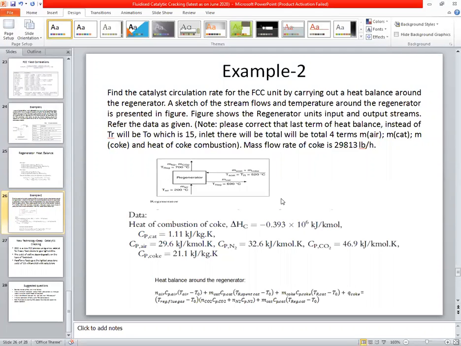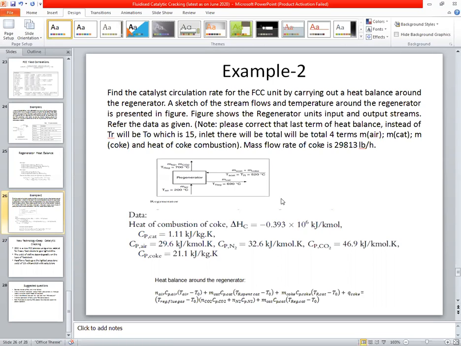Second, if I want to calculate the molar flow rate, what should I do, Elisandra? Now you have the mass flow rate. Divide by the molecular weight. Yes, you are right, because molar rate N equals M over the molecular weight.